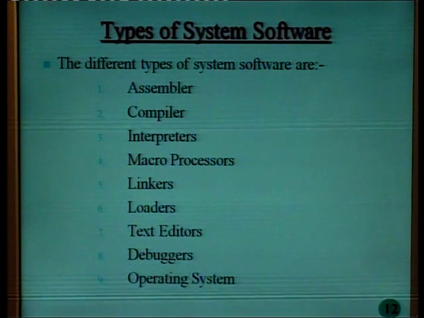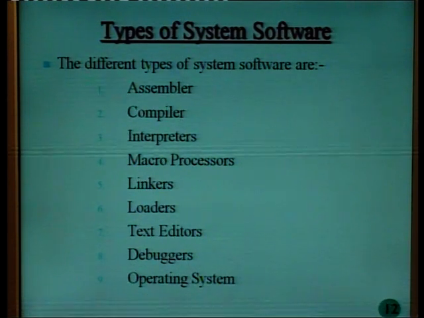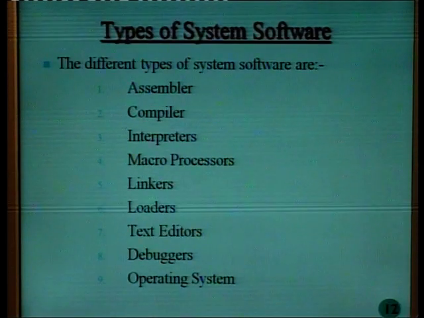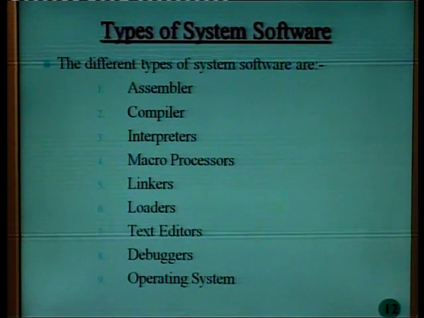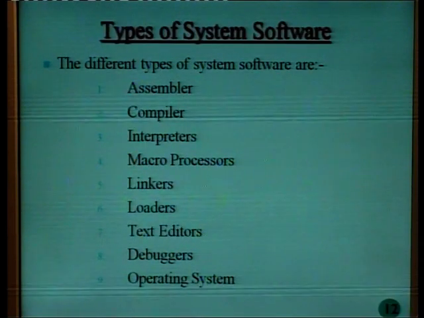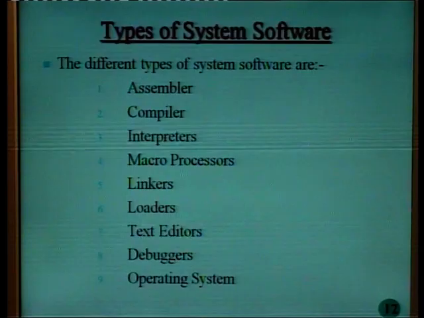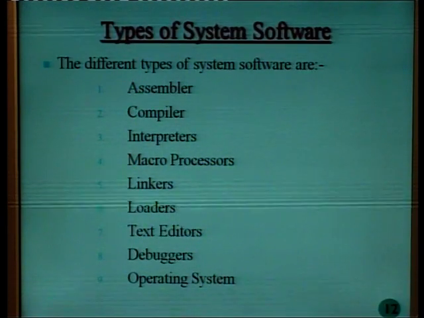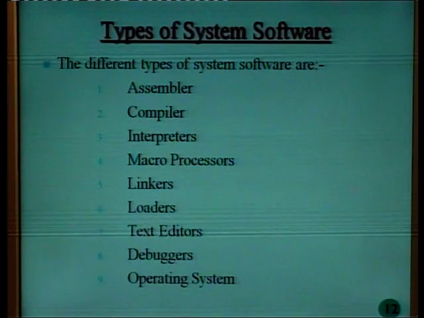Another system software is the compiler that converts a high level language program into machine language. So the assembler is designed for assembly language, and the compiler is designed for high level language. The interpreter is just like the compiler, and it executes instructions directly.